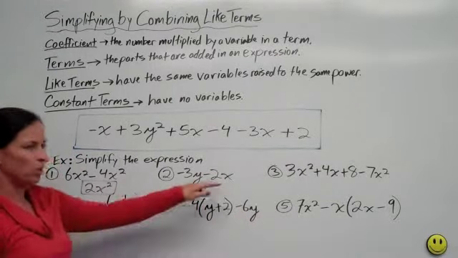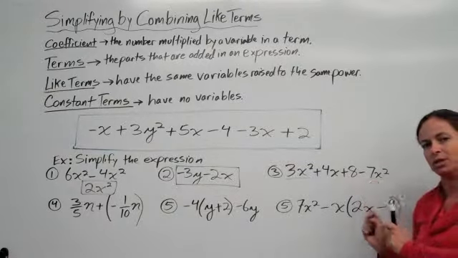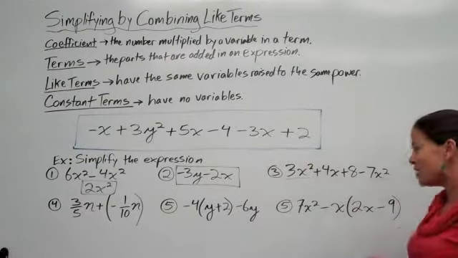All right, number 3, 3x squared plus 4x plus 8 minus 7x squared. Do I have any terms that are like? Yes, the 3x squared and the -7x squared both have an x raised to the second power. Now remember, the coefficient here is 3, the coefficient here is a -7. What is 3 plus -7? -4x squared!